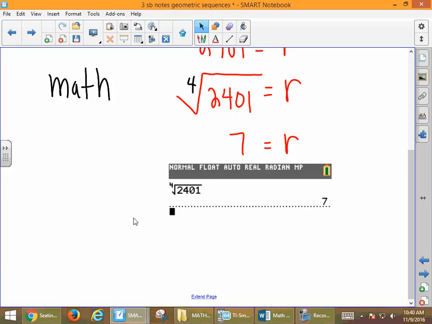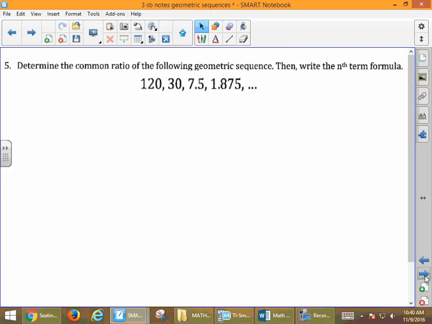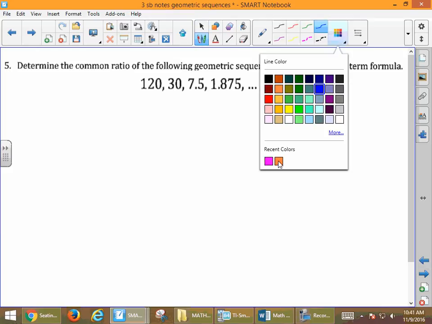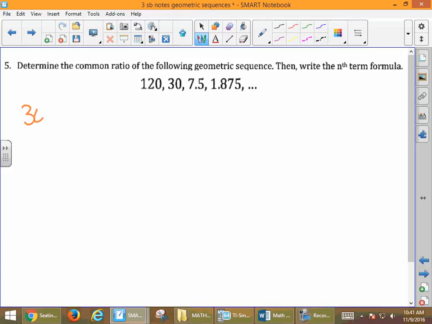As we look at number 5, determine the common ratio. Again, the problem is giving us the fact that we're dealing with a geometric. We want to write the nth term formula, but to calculate the common ratio, all we need to do is take 30 divided by 120, or 7.5 divided by 30, or 1.875 divided by 7.5.